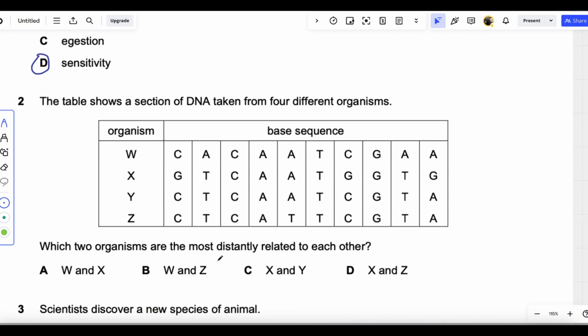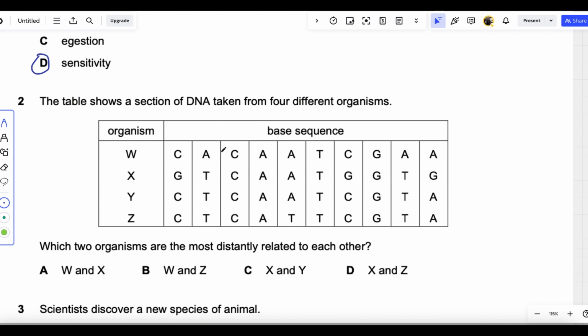The table shows sections of DNA taken from 4 different organisms. So we can see the organisms W, X, Y, Z, and we see the base sequence of the DNA. Now you can see that W is CAC, X is GTC, but Y is also CTC. At least there's a relationship between W and Y. And also Z, CTC.